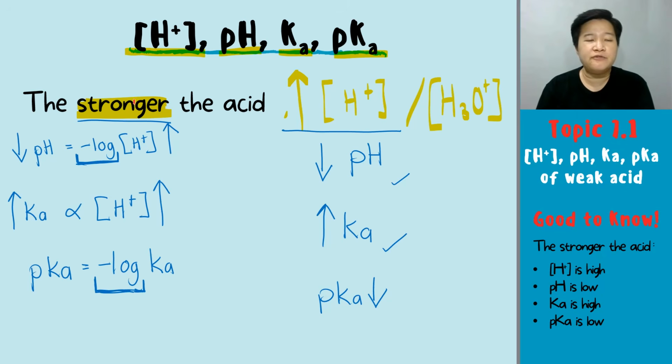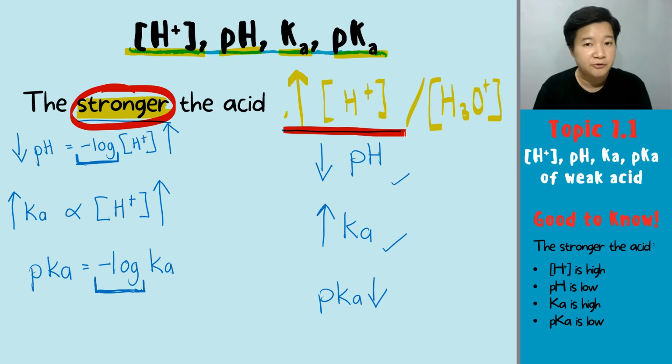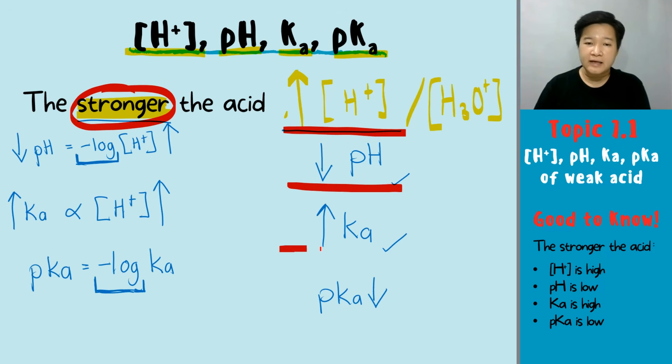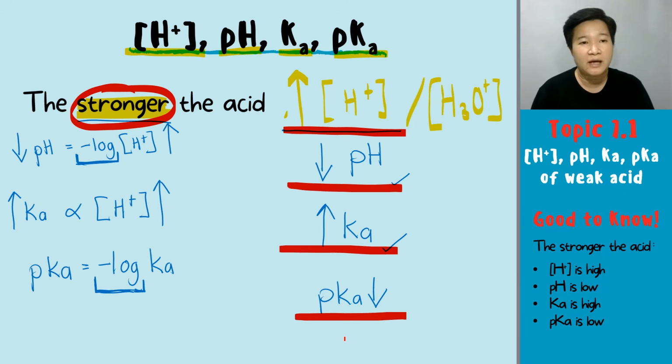So right now, if your weak acid is slightly stronger than the others, that means your weak acid will have a higher H plus value with a lower pH value, with a higher Ka value, but a lower pKa value. Okay? So when the acid is strong, this is the relationship between the four numbers. Make sure you know this very well to prepare yourself for your objective question.